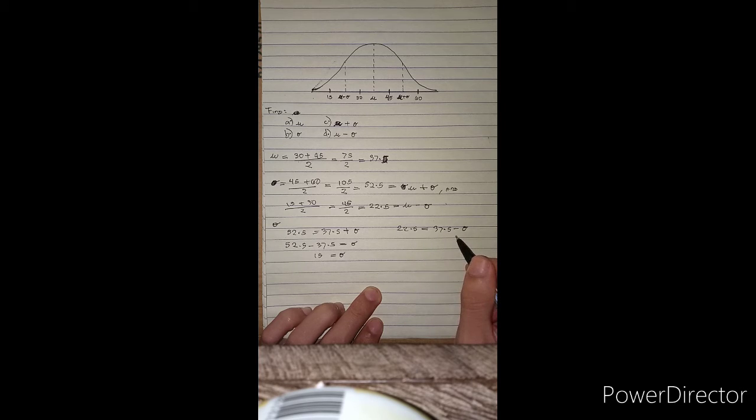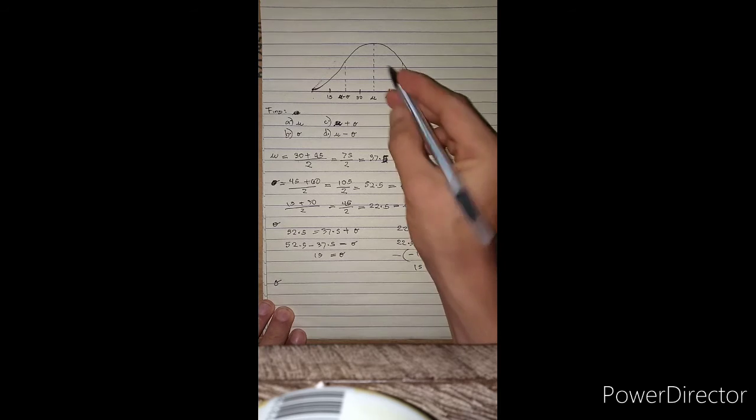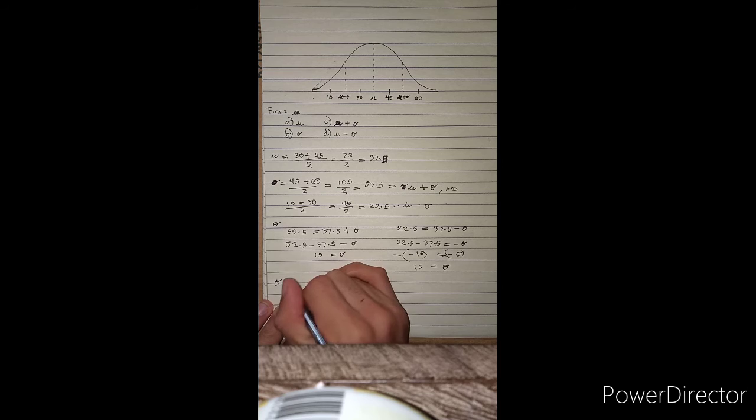We have 22.5 minus 37.5, which is equal to negative standard deviation, and that would be equal to negative 15, which is equal to negative standard deviation. Since we can now multiply both sides by negative, we have 15, which is equal to its standard deviation. That means our standard deviation for this whole graph will be equal to 15.